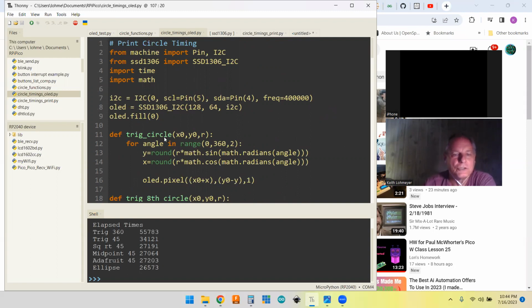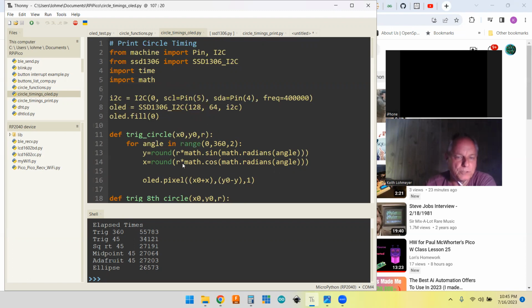Here's just a trig circle where all you're doing is going from 0 to 360 and stepping by 2, so you're doing 180 calculations, doing the sine and cosine and getting your x and y, and then just plotting those pixels. I'll show you down in the main function. We do a show after we run this.